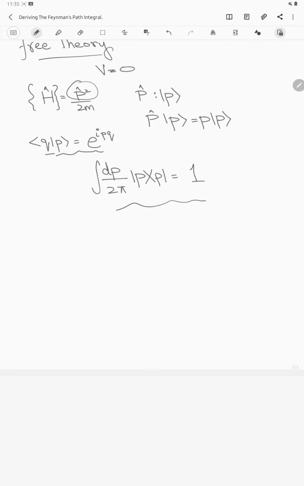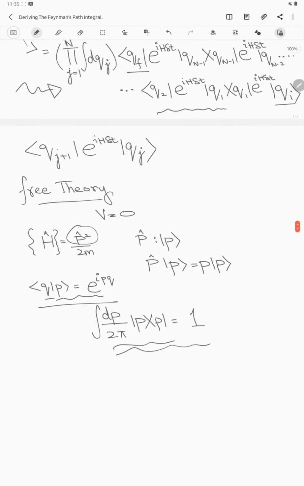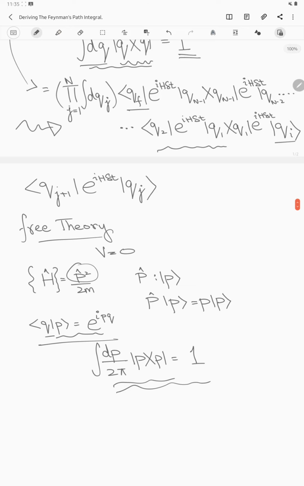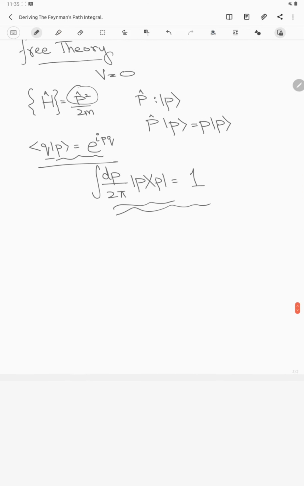So this is the normalization for this thing. Now with this then, we can simply again insert a complete set of states using this thing in our above equation over here, right? So let's go and do that.